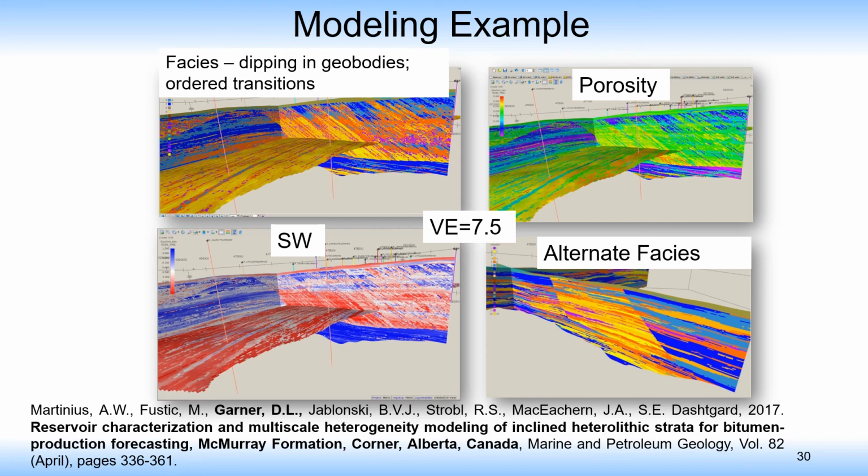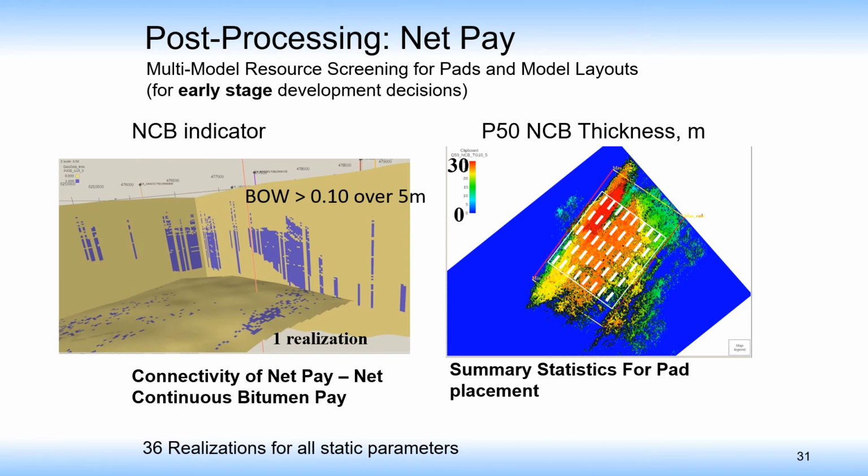So we have porosity and saturation, or we could just use a top reference for the facies simulation, as we'd classically do, and that's shown here. That's discussed in the paper on the slide there. The post-processing on that one shows us one realization of a dipping bed. I used 5 meters because, again, some of the artifacts had an impact, so I needed to put this at a minimum.